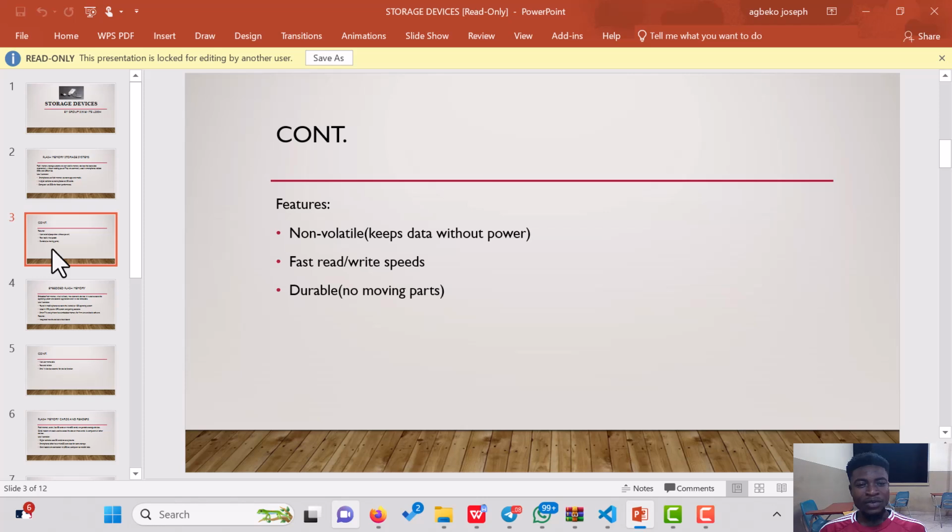Later you turn on the machine and insert the pen drive. There's no way you are going to lose your information, because all your information, your data and everything have already been stored. So it does not use electricity to store or save data.